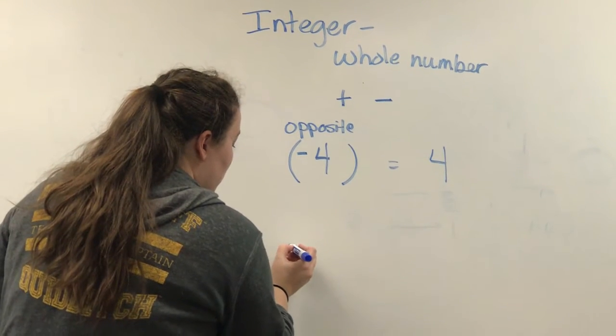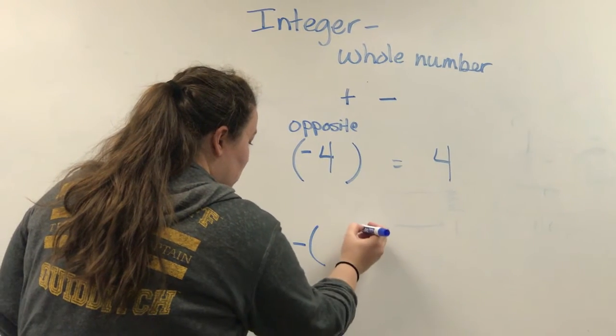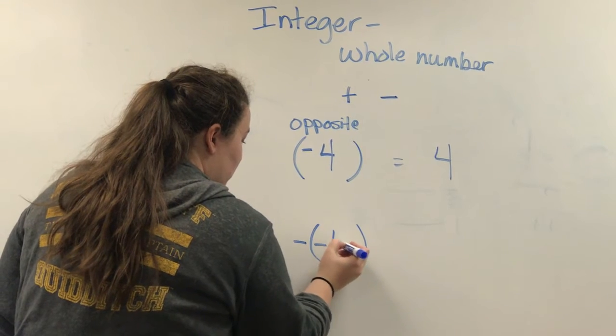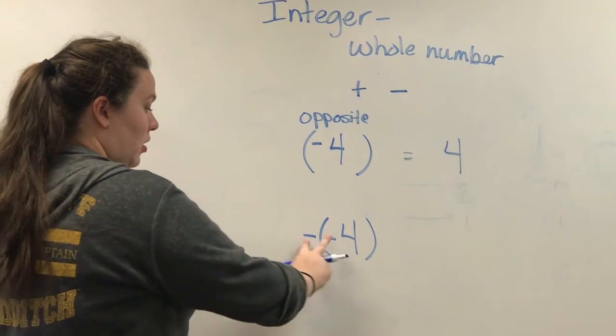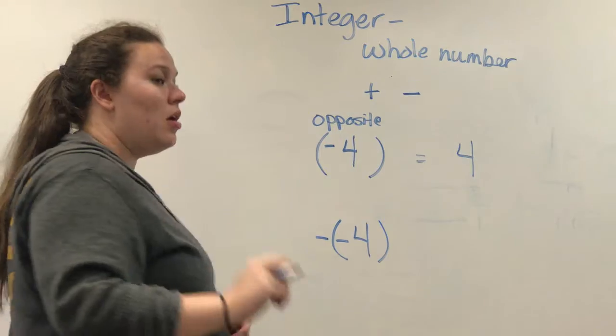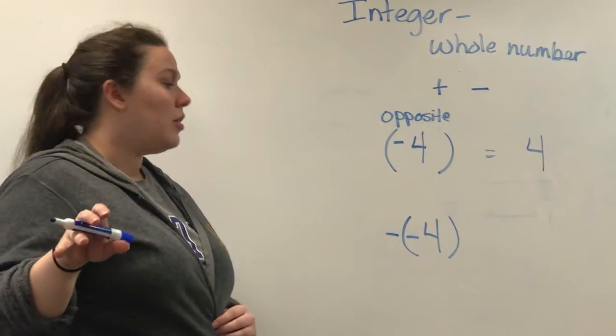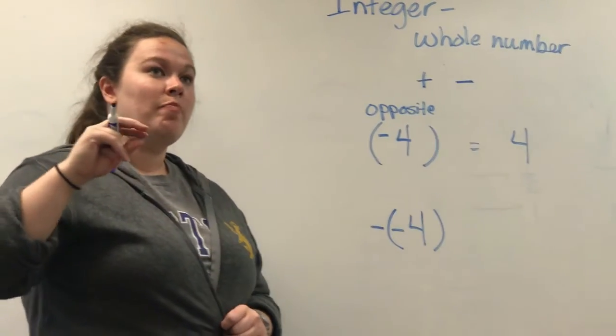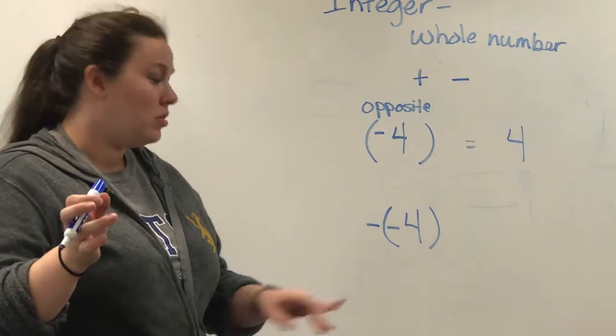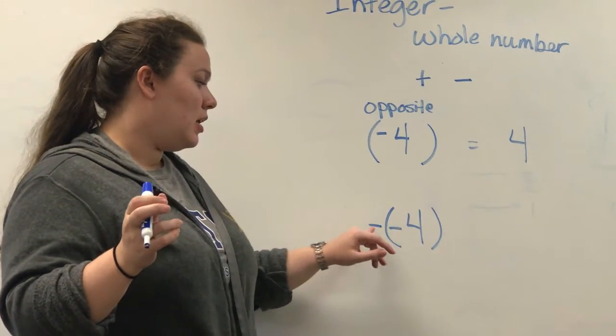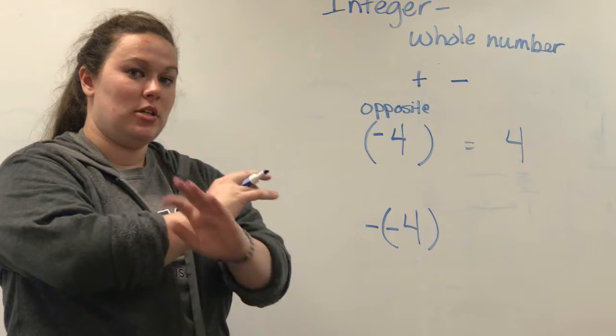Okay? If it gives you this, these cancel each other out. Anytime there is an even amount of negative symbols, they cancel each other out.